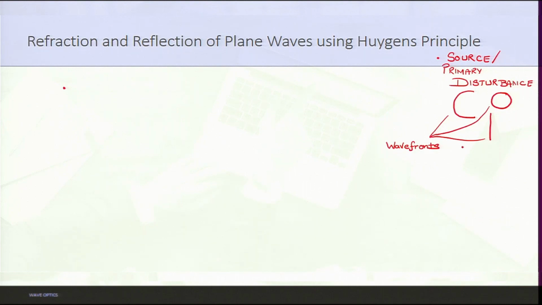So, now what is happening is, let us first of all suppose that the source is stationary. In this case, let this be the source, and now these are the wavefronts being formed.